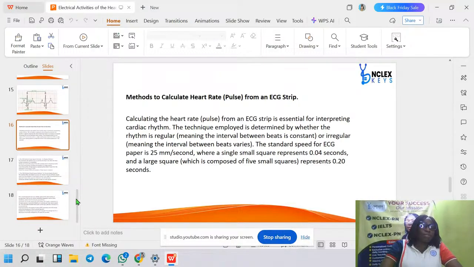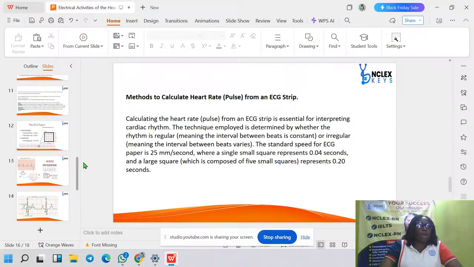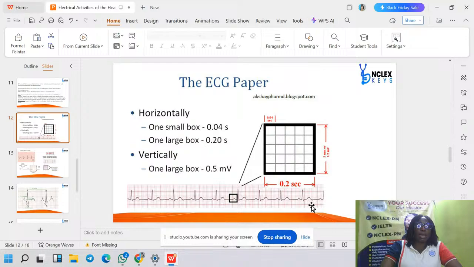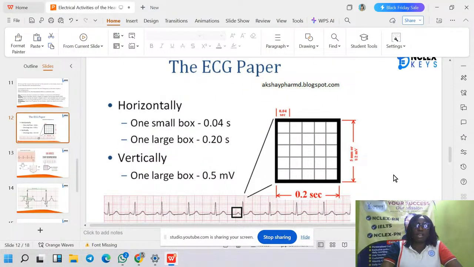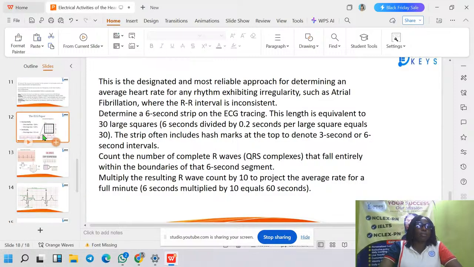We have counted this before and we have seen that it's 30 boxes. I'm sure you can see my screen. Please hold on. I want you to count the number of R to R here.